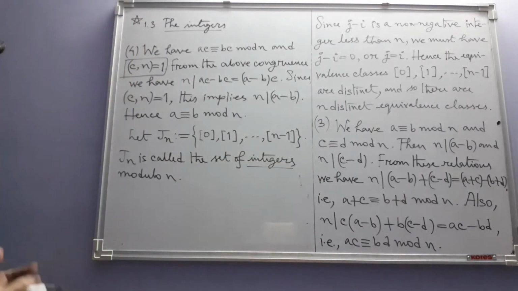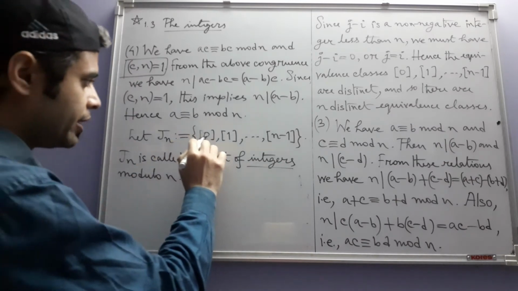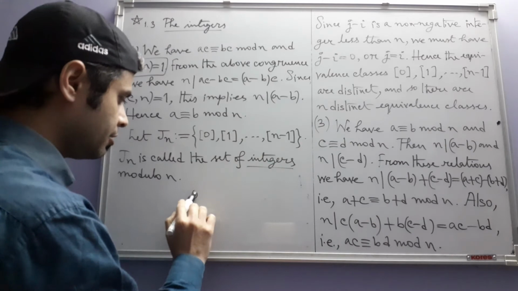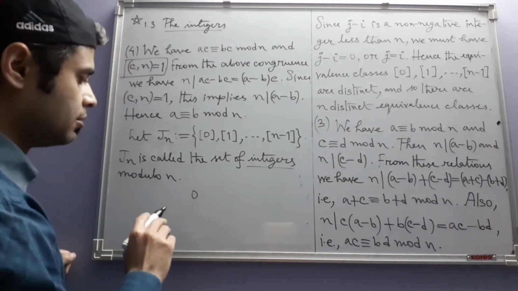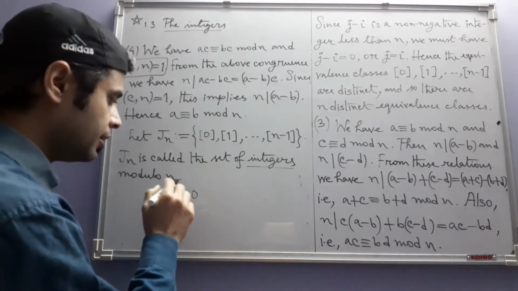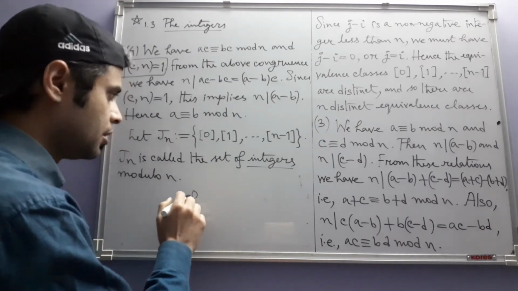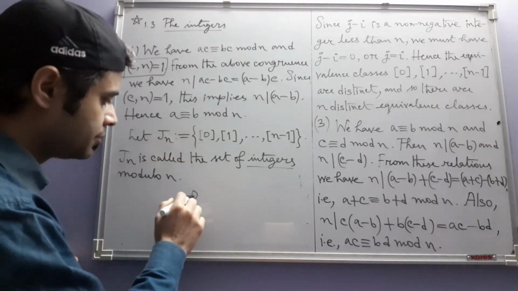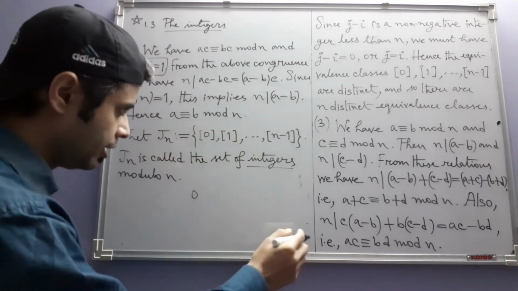Okay. Why? Because when we think of 0 in this context, we are really thinking of the set of those integers which leave the remainder 0 upon division by n.